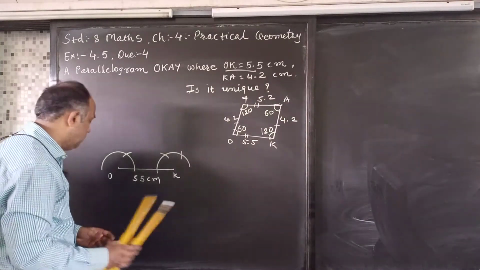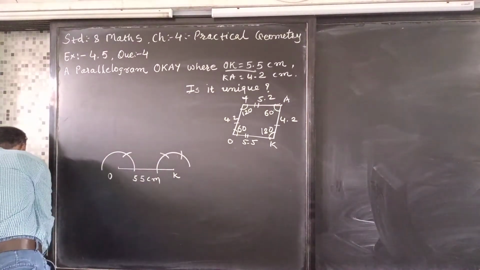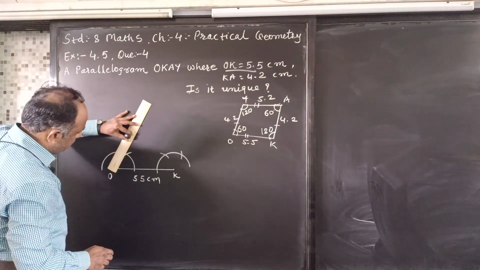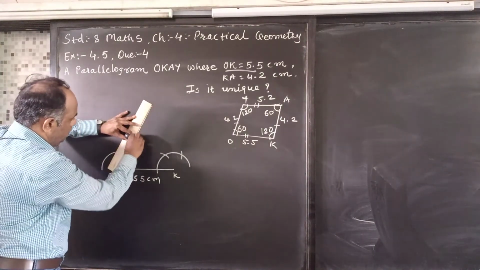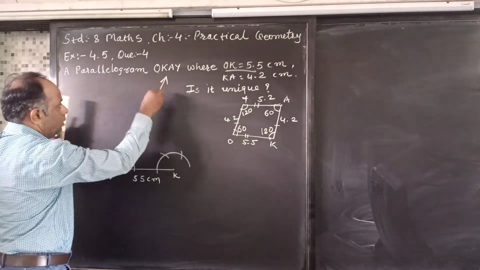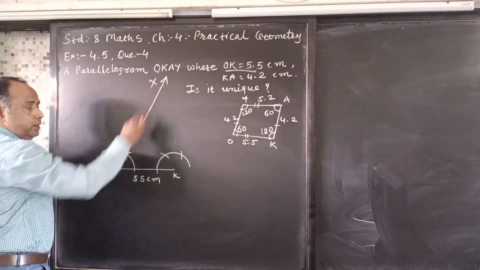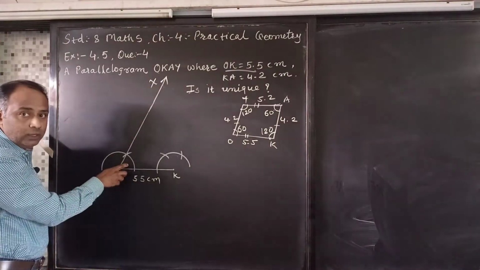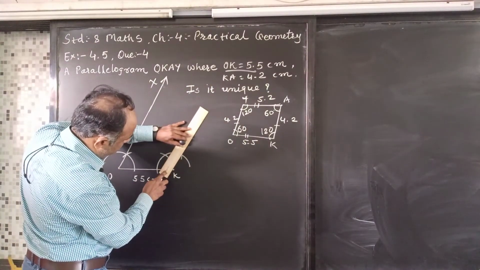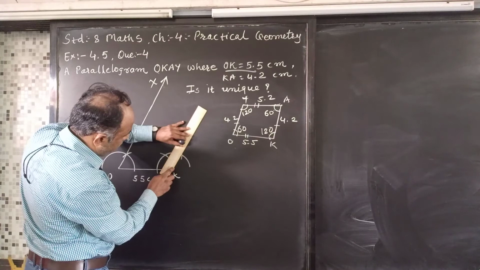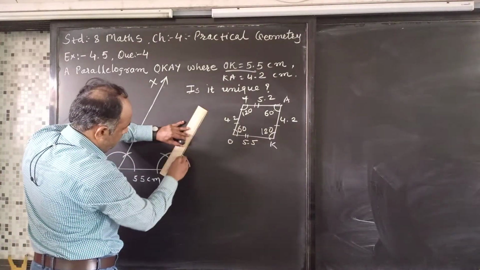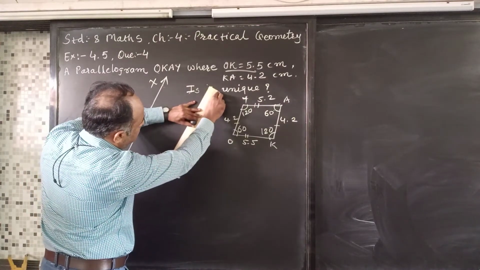So far we are able to draw a ray like this. You can name it OX ray, which is making an angle of 60 degree at O, and again just pass a ray from K through these two intersecting arcs, and that way you can do it.